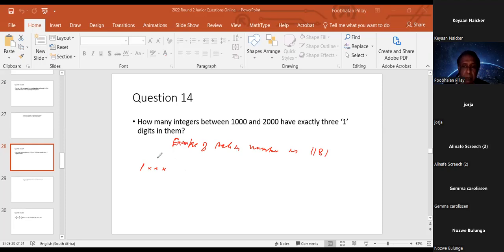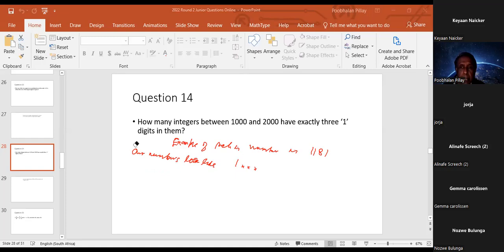So the numbers we're looking for look like 1xxx. But we also know that 3 of the digits are 1s.